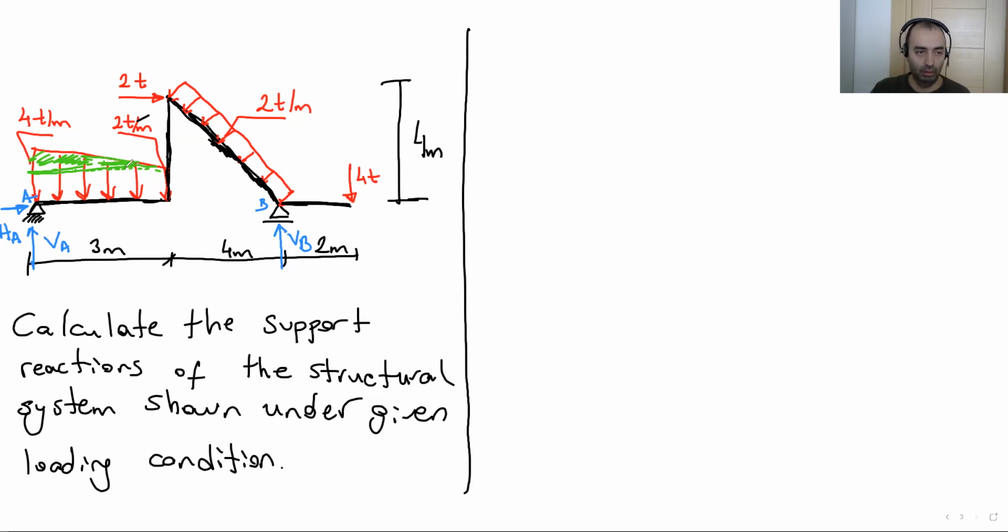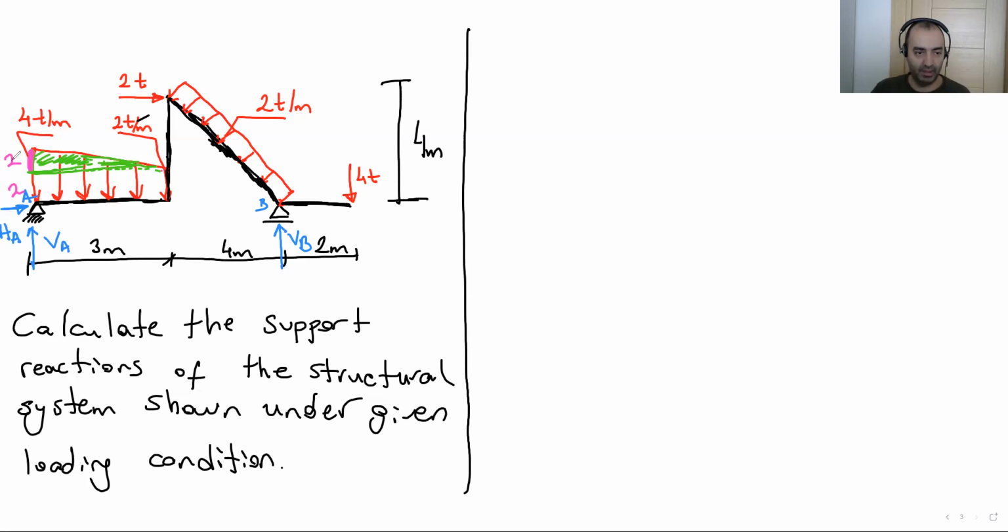So, okay, we divided into two pieces, but what is this magnitude? If this is 2, as you can see here, this part is 2. So calculate the area of this triangle.